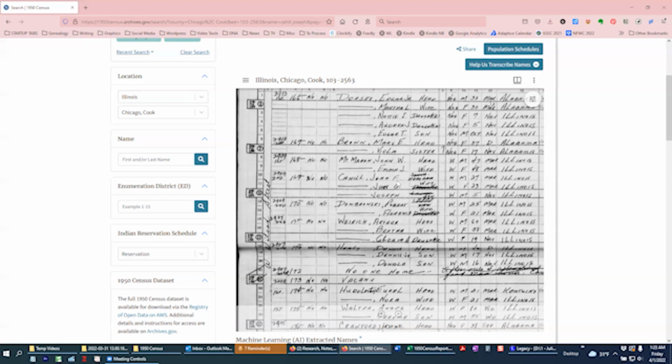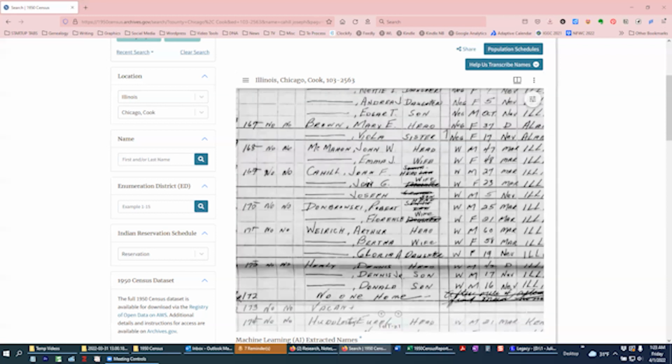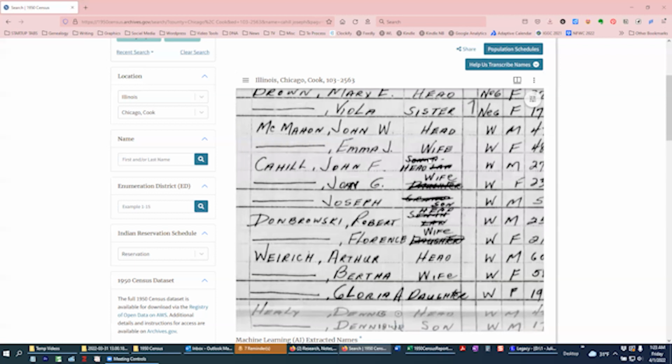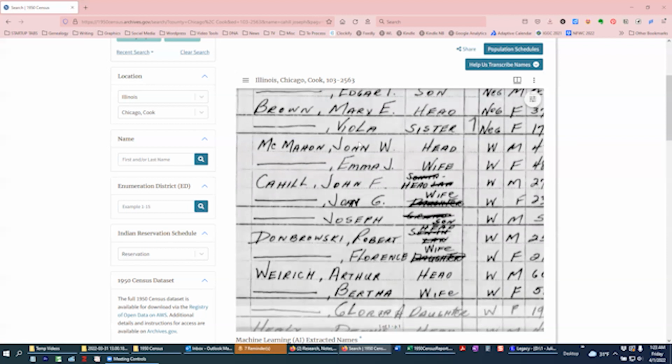And what's interesting here also is that you'll notice, let me zoom in a little bit more here. You can see here that initially it said son-in-law, daughter, grandson, and then it said son-in-law, daughter, and that is the relationship to John, the head of household.